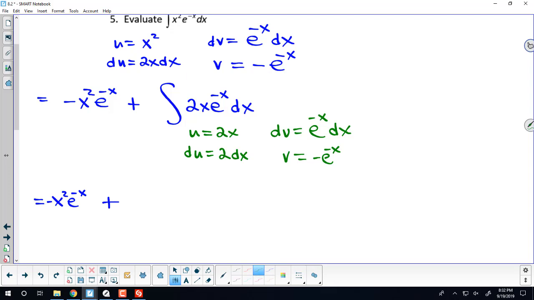We had that plus out in front of that integral, so it's just a straight thing here. And 2x times negative e to the negative x, minus 2x e to the negative x. There's u times v minus the integral of v du. It's minus 2 e to the minus x dx.